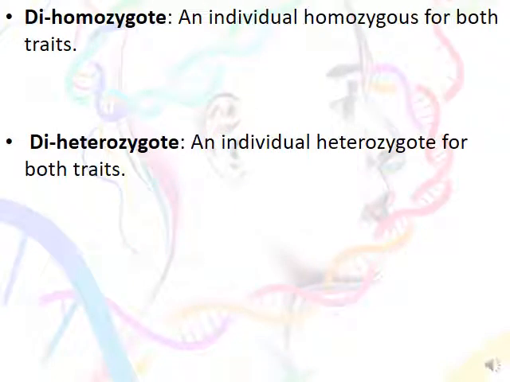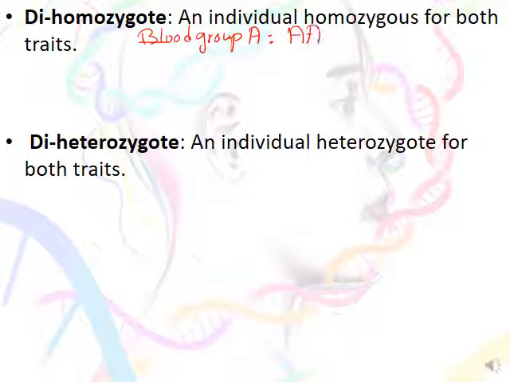Dihomozygous. What is the meaning of dihomozygous? Dihomozygous is an individual that is homozygous for both traits. What is the meaning of this? For example, I have blood group A. To be homozygous for blood group A, I should have the alleles A and A. Okay? Not AO.